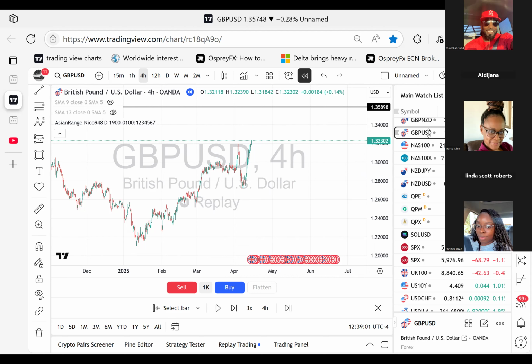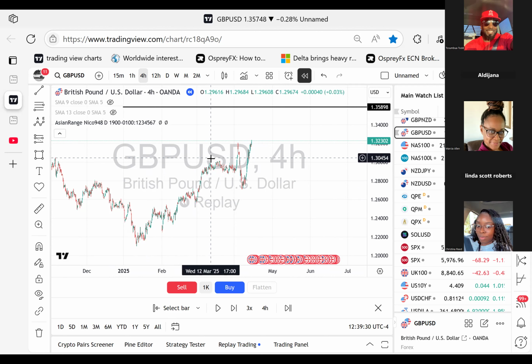Well, it does. You have a quote pair, like GBP USD, Great Britain pound and US dollar. Whenever you're buying that pair, you're buying the pound. If it's going up, the pound is going up versus the dollar.